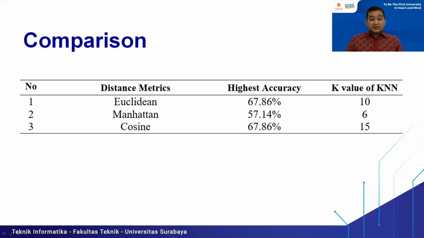Meanwhile, the highest accuracy for cosine as a distance metric in the KNN method is the same as with Euclidean, but with a K value of 15.